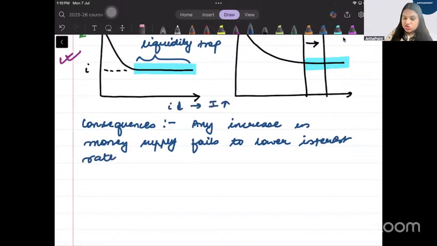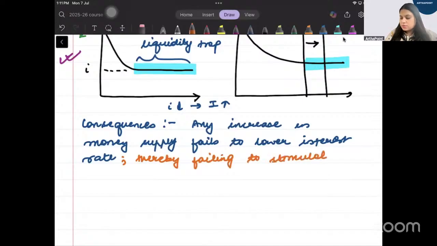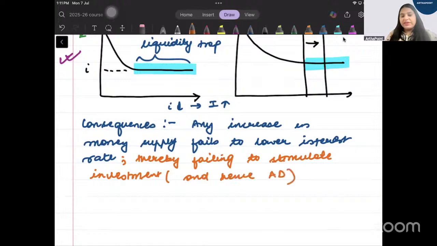So if interest rate is not decreasing, investment will not increase, right? So it fails to lower the interest rate, thereby failing to stimulate investment and hence aggregate demand. So investment नहीं बढ़ेगी, and when investment will not increase, aggregate demand will not increase.